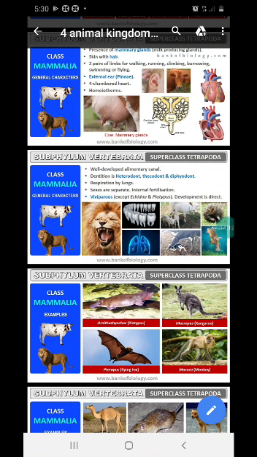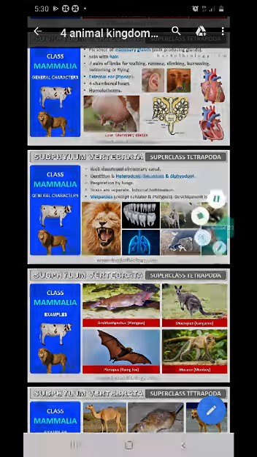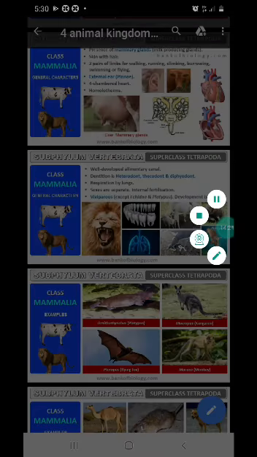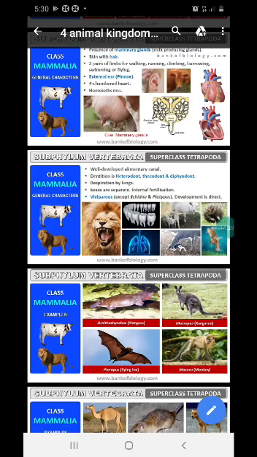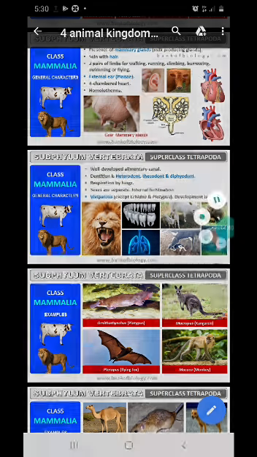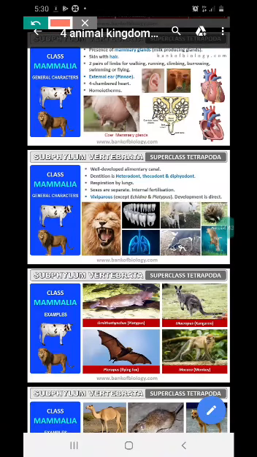Clear? And we have teeth. Our jaws are provided with teeth. Do the birds have teeth, children? Do the birds have teeth in their beaks, their jaws? No. Whereas mammals have different kinds of teeth, or dentition.